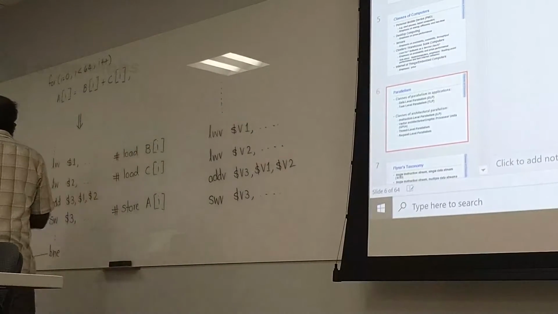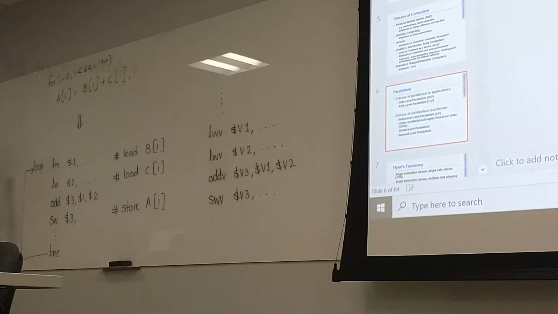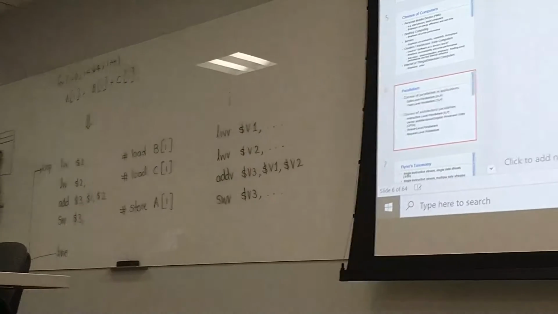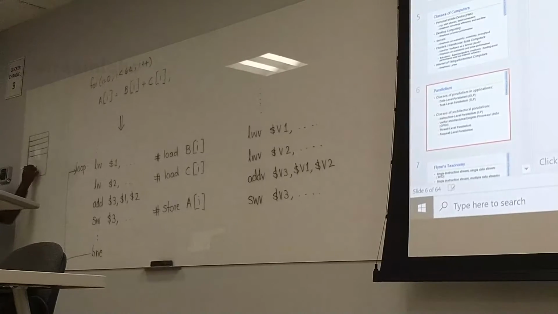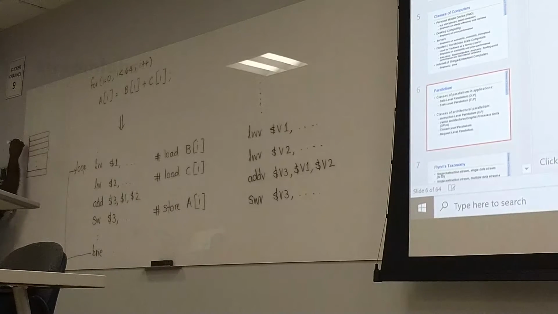Vector register means, let's say, these ones are like this, a register file. So this would be register 0, 1, 2, like that.